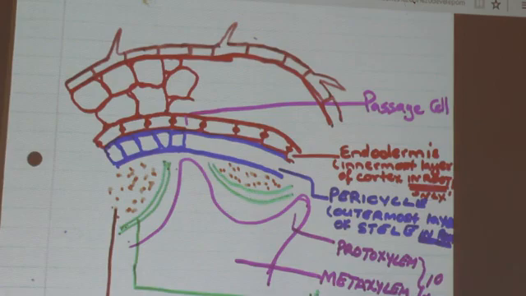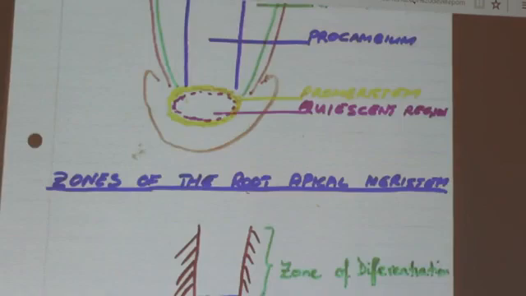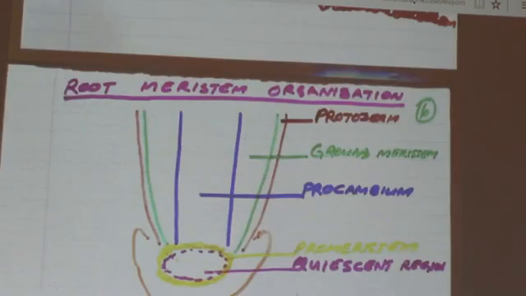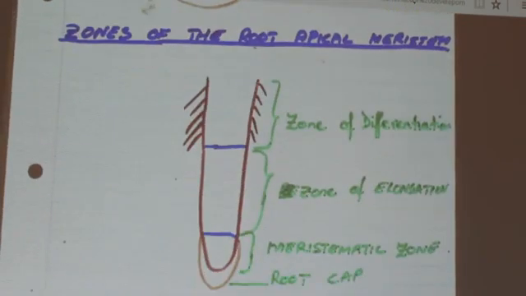Now, I think at high school you were presented with this, and you were told that the root has these meristems: the protoderm, ground meristem, the procambium, and this area which they called the quiescent region, which is the promeristem. Okay, I think now we are all on the same page.